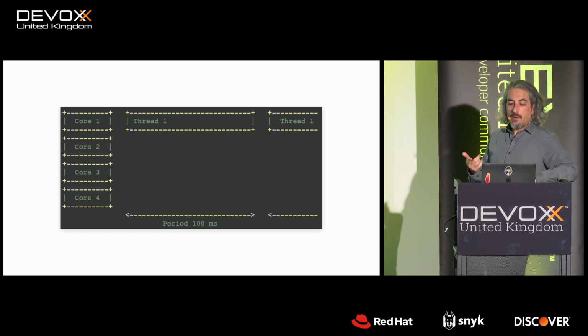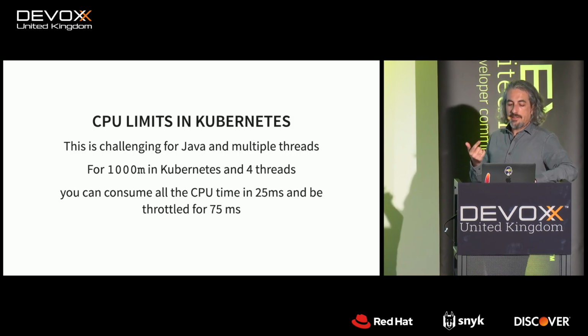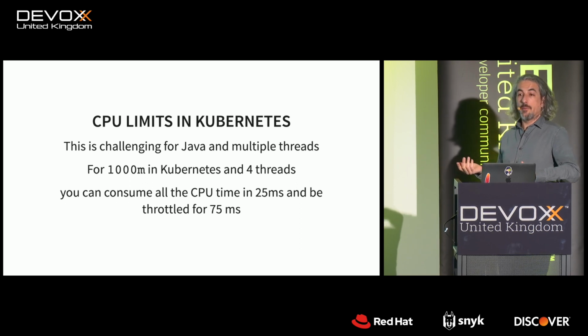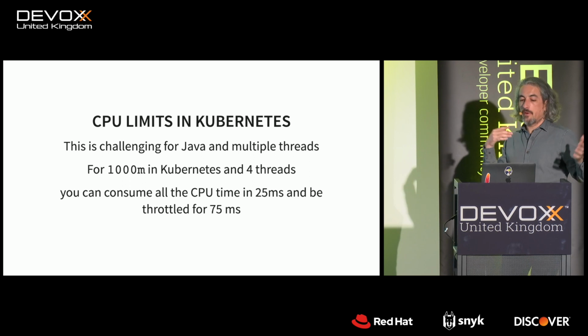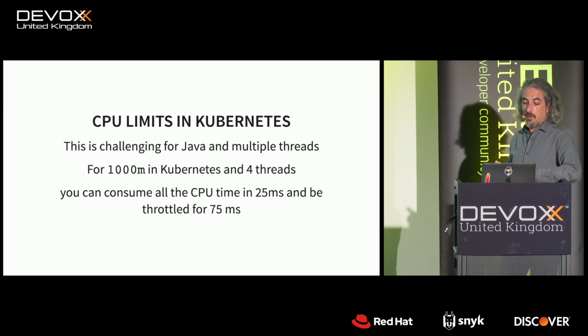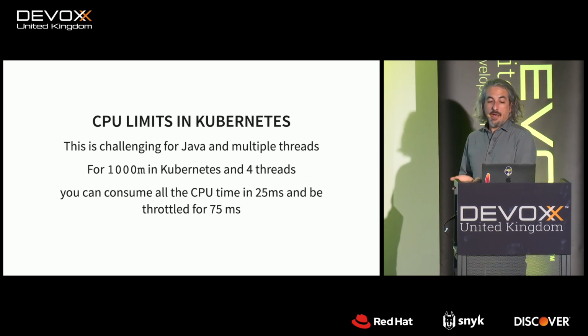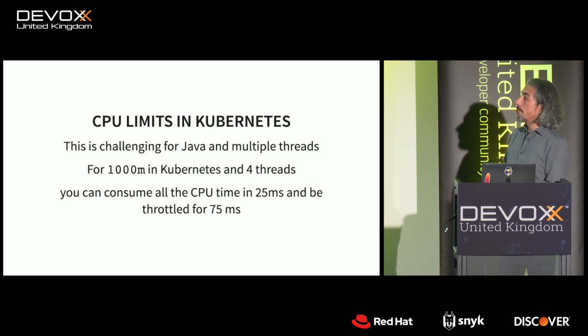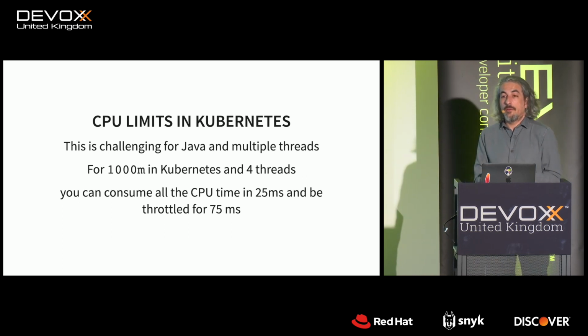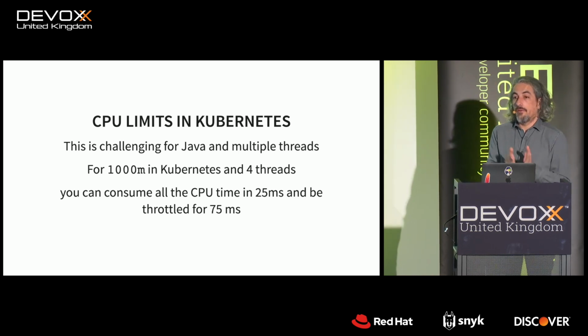But in Java, it's typical that you're going to have multiple threads. You're going to have the garbage collector, you're going to have multiple things, you're going to have thread pools. So if you have a limit of one CPU, or 1,000 millicpus, and you have 4 threads, you can consume all the time in a fourth of the cycle.